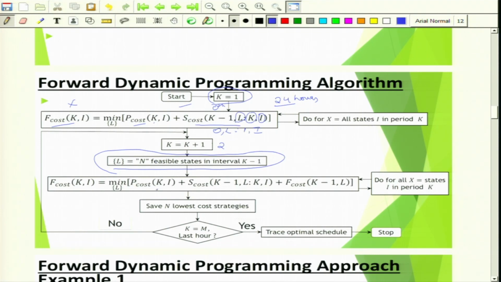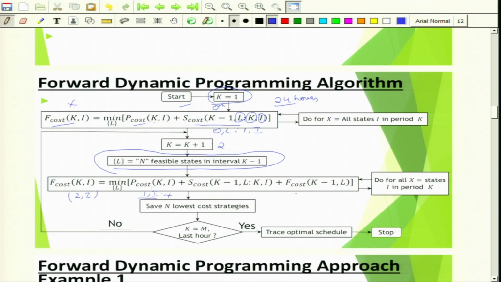And then you go to the next interval, that is now k is equal to 2. Now 2 comma I, right? And this includes the total cost involved at the previous interval 1 comma I, the production cost involved, plus the transition cost from the previous state to the present state, and then whatever may be the fuel cost totally involved before to that interval.